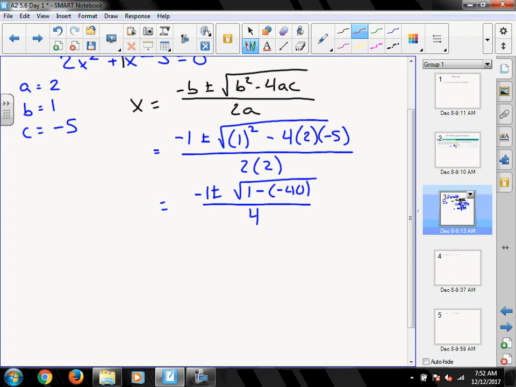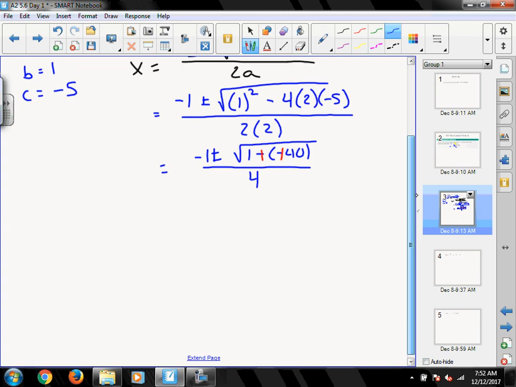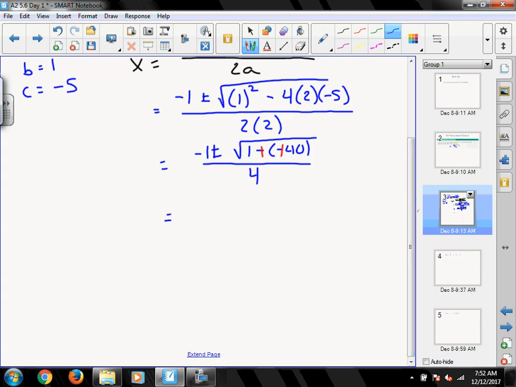Now, since we have subtracting a negative, then we're adding a positive, so we're going to get negative 1 plus or minus the square root of 1 plus 40, the square root of 41, all over 4. And this right here is a perfectly acceptable answer for me.